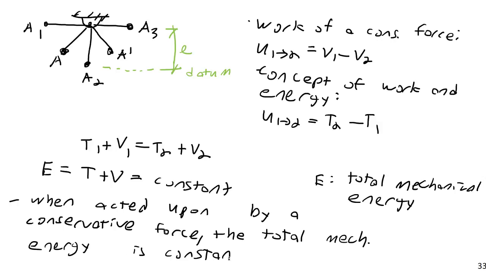So not all forces are conservative, though. Some forces that would not be conservative are things like friction. Friction is a great example, because you're losing energy from the system in the form of heat to the environment. Once that energy has dissipated to heat, it is gone, and we have no way of getting it back. Another example of a non-conservative force would be air resistance, the same idea as friction.